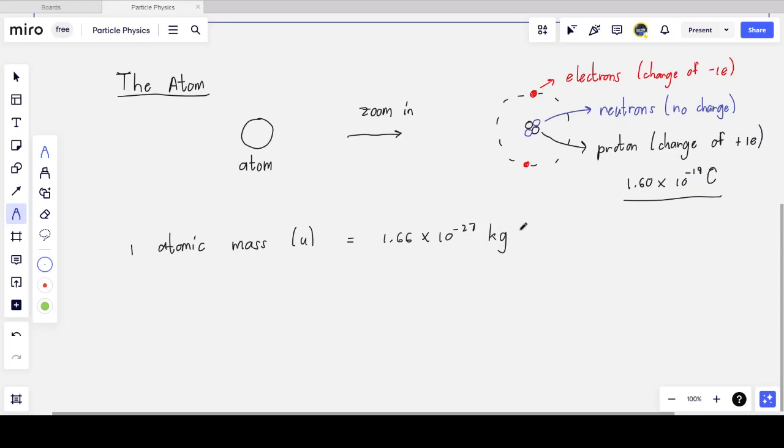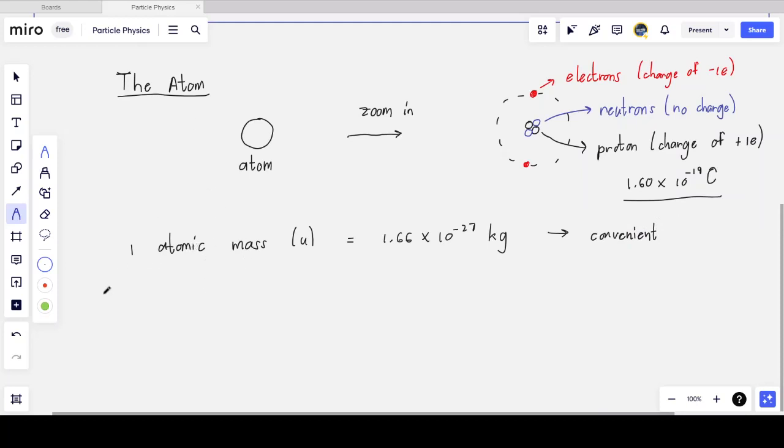And the atomic mass unit is 1.66 times 10 to the minus 27 kg. Why do we use this? Well, purely because it is convenient. We'd rather use an atomic mass unit than use something times 10 to the minus 27 kilograms every time. Makes a lot more sense at least.